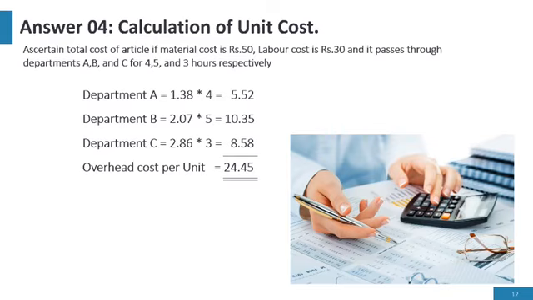Department B equals 2.07 multiplied by 5 equals 10.35. Department C equals 2.86 multiplied by 3 equals 8.58. Total overhead cost per unit equals 24.45.